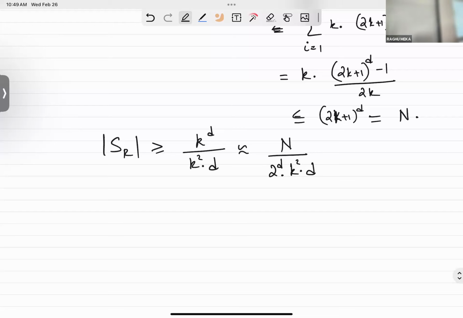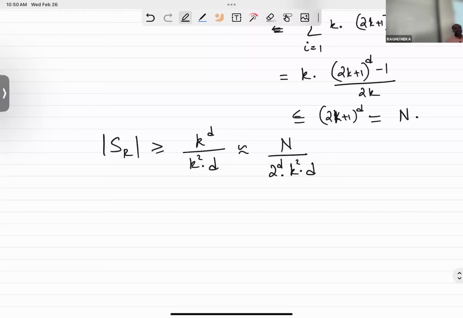And you have to do some optimization here, like you get to choose what k is and what d is. You might say, I'm going to pick k to be very small, like let's say k is 10, then d is going to be very big. So this 2^d is going to give a big hit. If I choose k to be very big, then d can be small, but this k will hurt us.